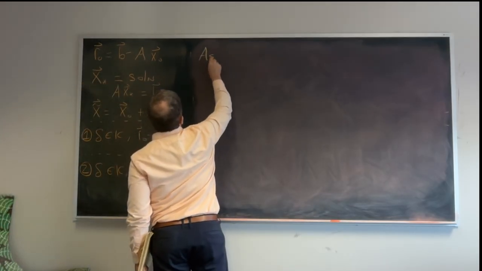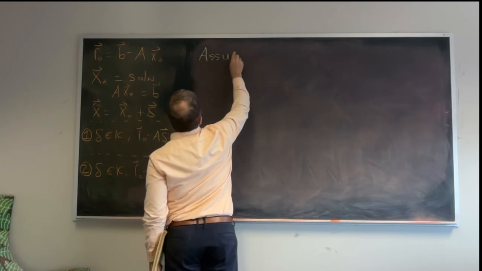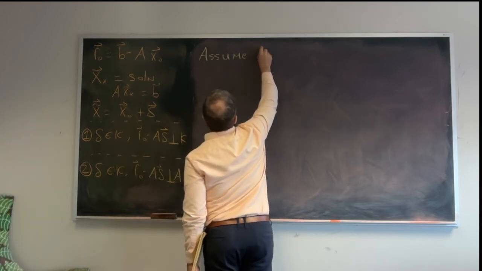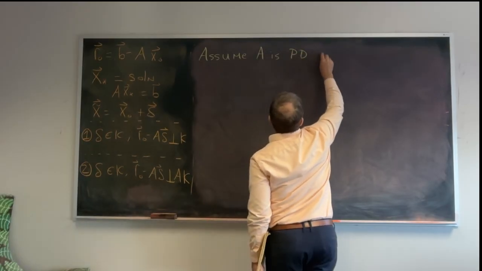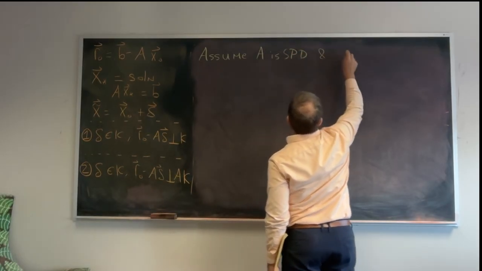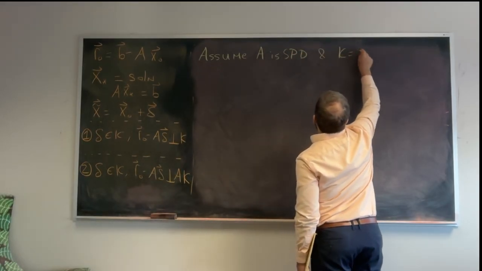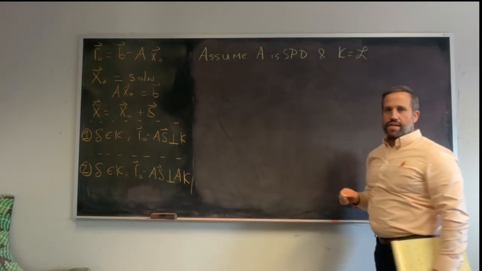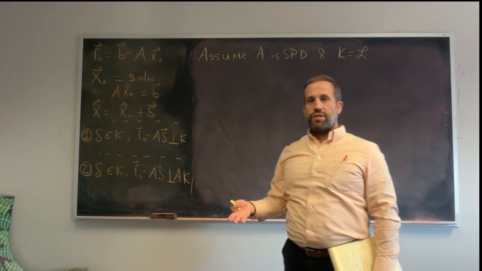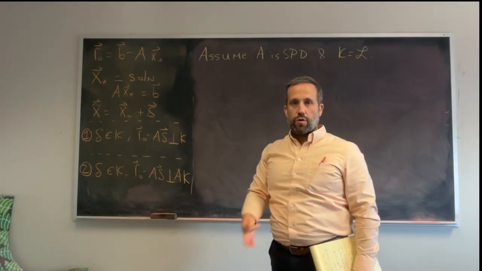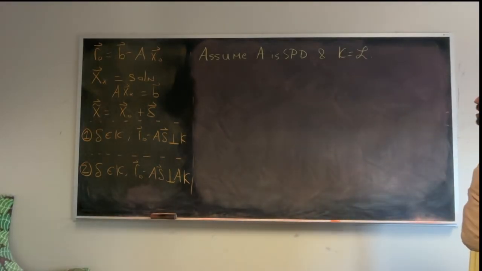So assume A is symmetric positive definite, and K is equal to L. This is the first case of the proposition that we just looked at, so we know that the matrices that need to be invertible are invertible by that proposition.